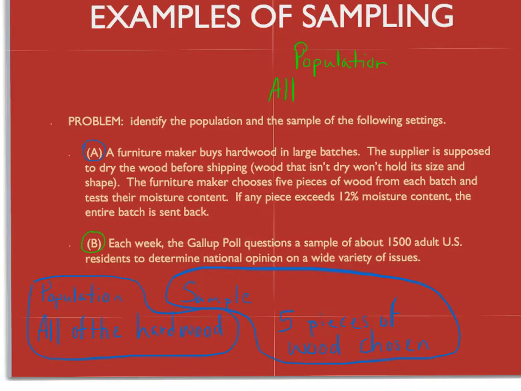So all U.S. residents that are adults. And the sample is going to be the 1,500 adults chosen in the U.S.